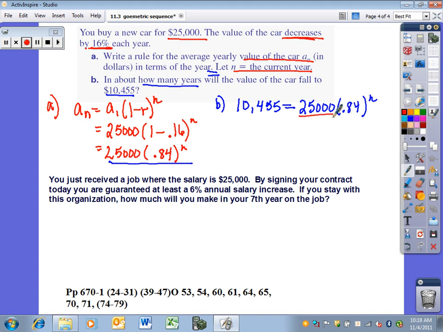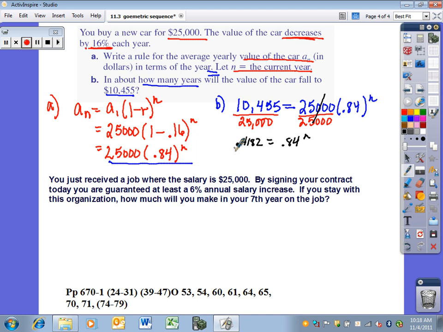So again, I have to divide by 25,000. And over here I get 0.4182 equals 0.84 to the nth.